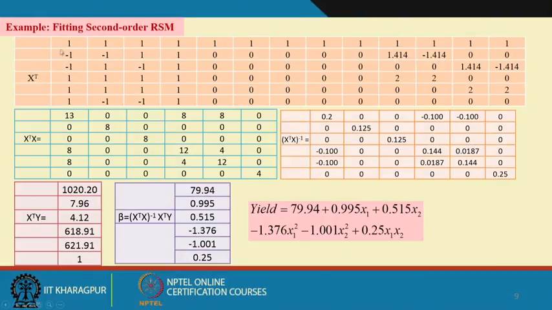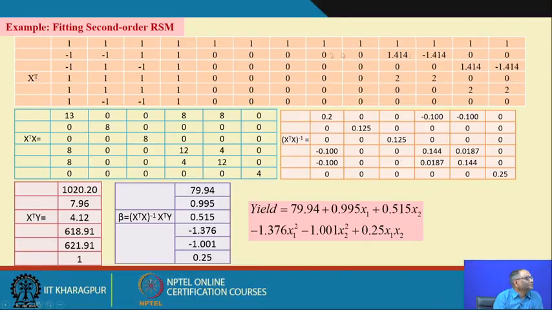First we found x transpose, then x transpose x, then x transpose x inverse, then x transpose y, and beta is x transpose x inverse x transpose y.